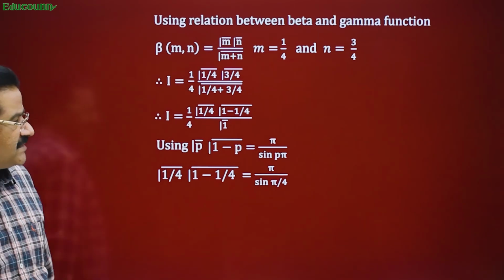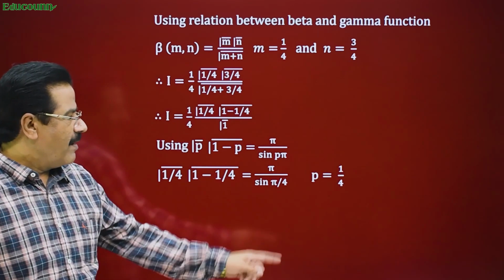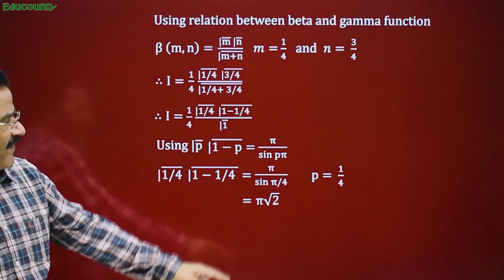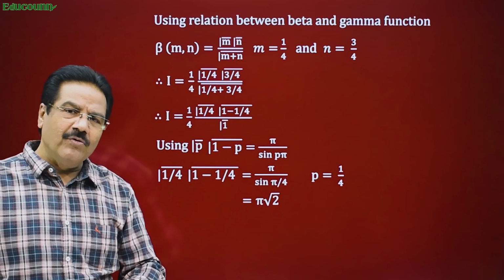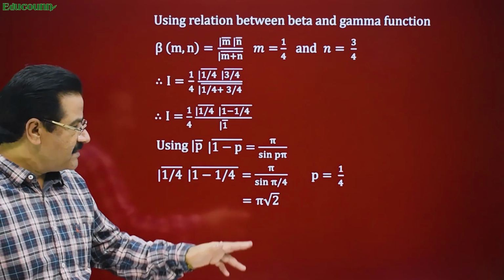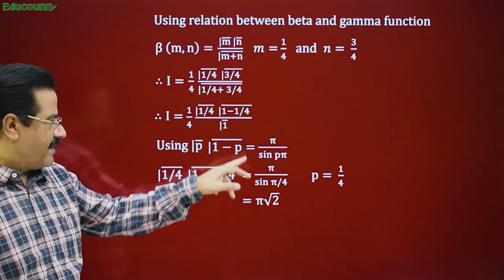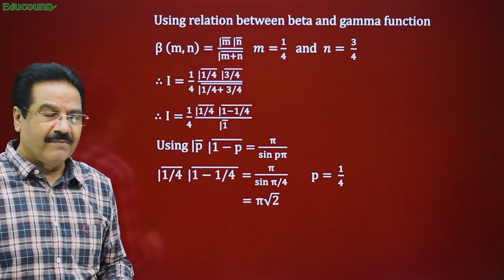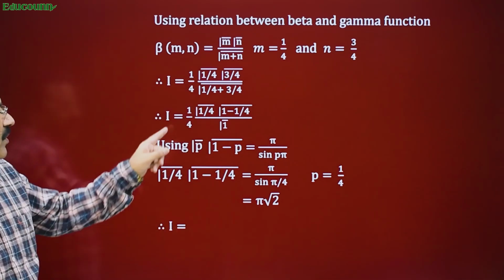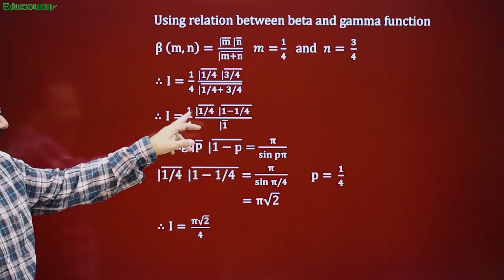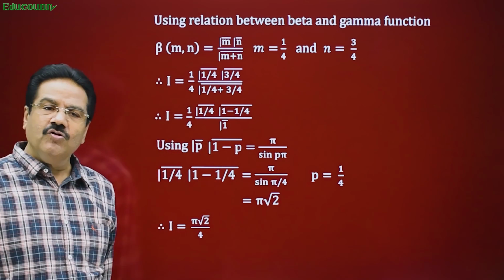Sine pi by 4 is 1 by root 2. So simplifying, pi upon 1 by root 2, the final answer is pi root 2. So just substitute the value of this numerator in the equation of I. So I is equal to 1 by 4 as it is and pi root 2 is there in the numerator.